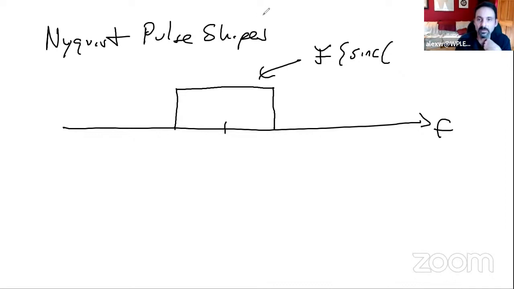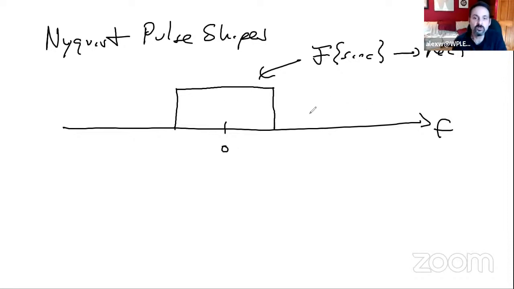So the Fourier transform of a sinc is going to be rectangular. It's going to be this frequency response, right? And what Nyquist pulse shapes have to do equivalently is if we take it and shift it, right?